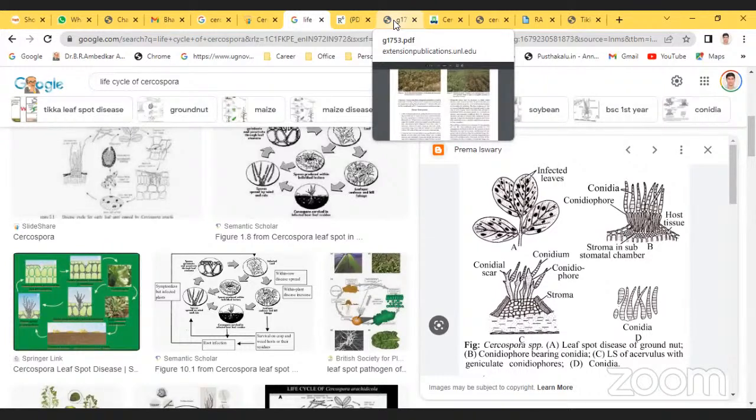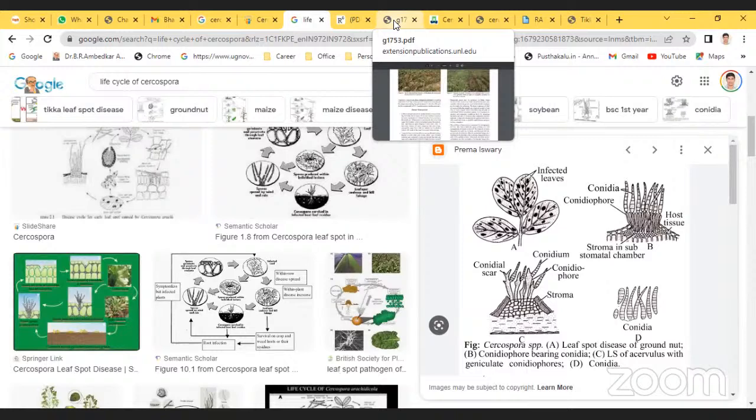Cercospora is one type of fungus. These conidia detach from the conidiophore and are released by air, water, anything else. If suitable, favorable conditions are there, it immediately develops into Cercospora fungi.